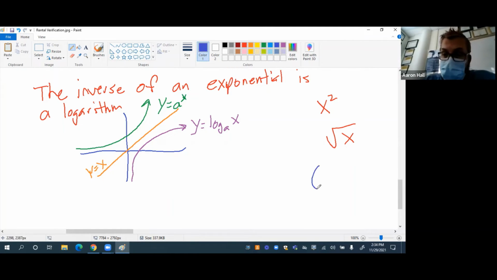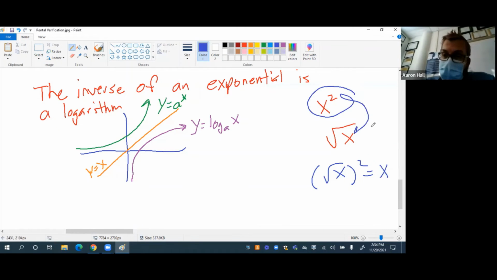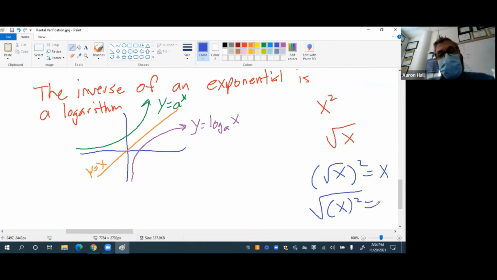If I take x squared and I put this inside, that's what makes a composite function, then that gives me what? X. What if I do the other way? What if I take this and I plug that into this function here? So that would give me the square root of x squared. What does that give me? X. Now that's the nature of inverses. They undo each other, and we're just left with this x.